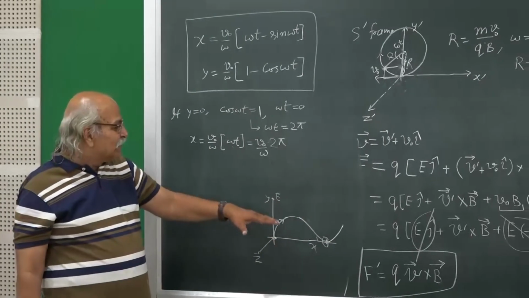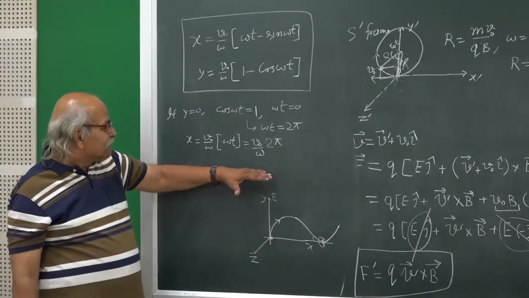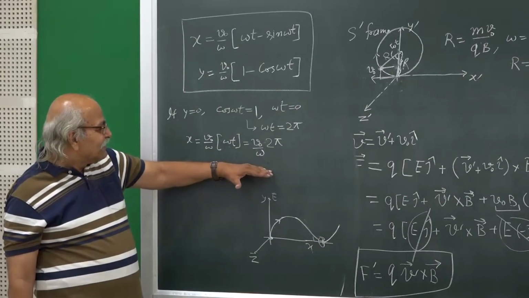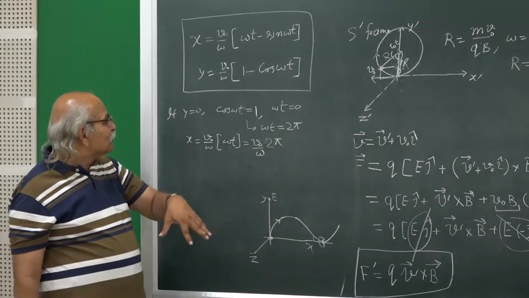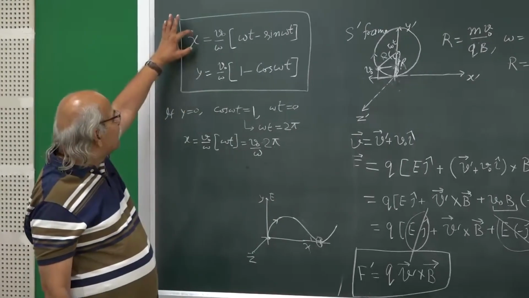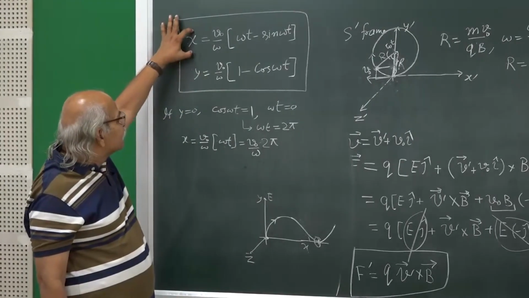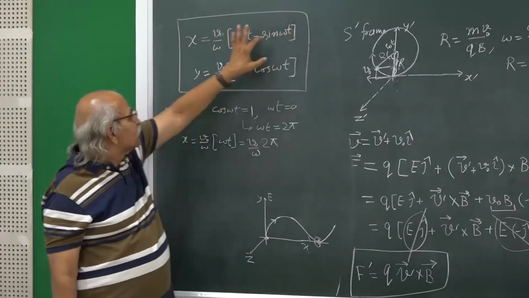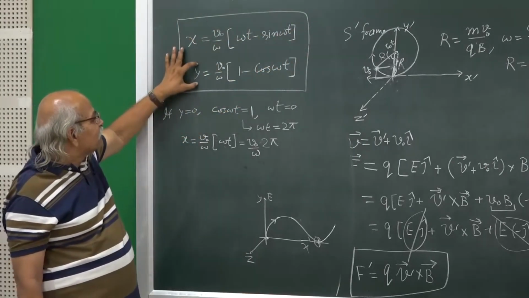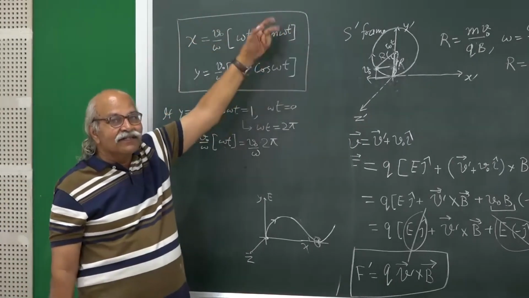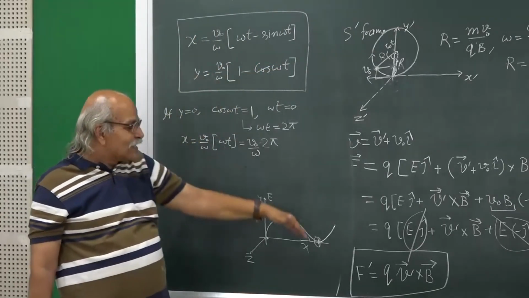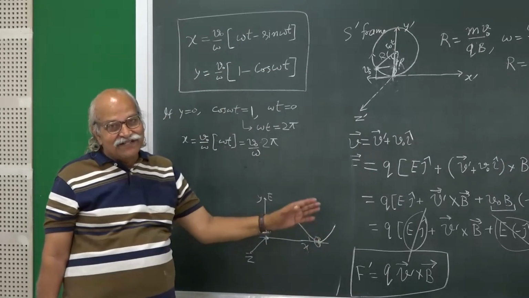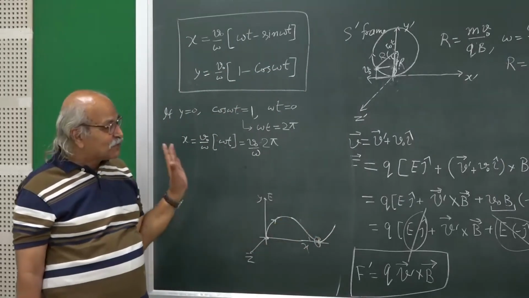As homework, from here write what dx is in terms of dt, and what dy is in terms of dt, then divide to get dy dx, and then look at the shape of that slope. We will continue from here.